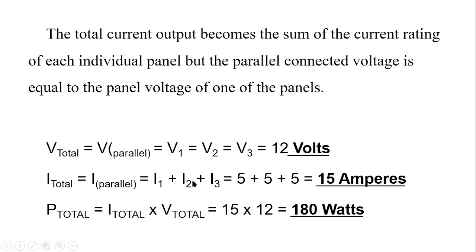Then our current is equal to the summation of the individual current of the panels. So we have 5 plus 5 plus 5, which equals 15 amps. And our total power is current times voltage, which is 15 times 12. That will give us 180 watts.